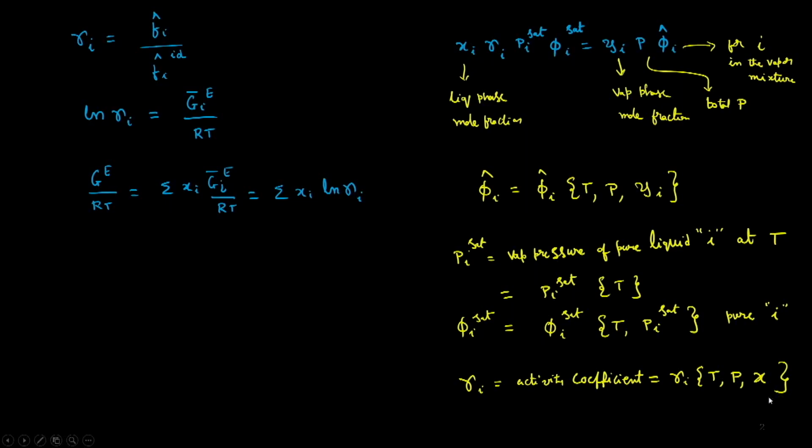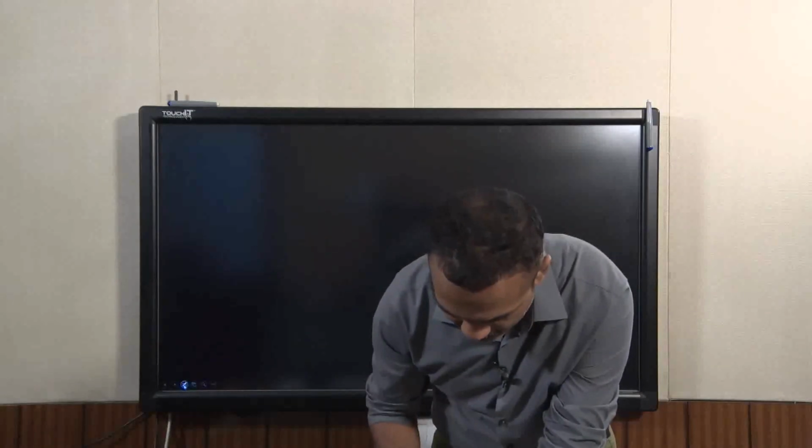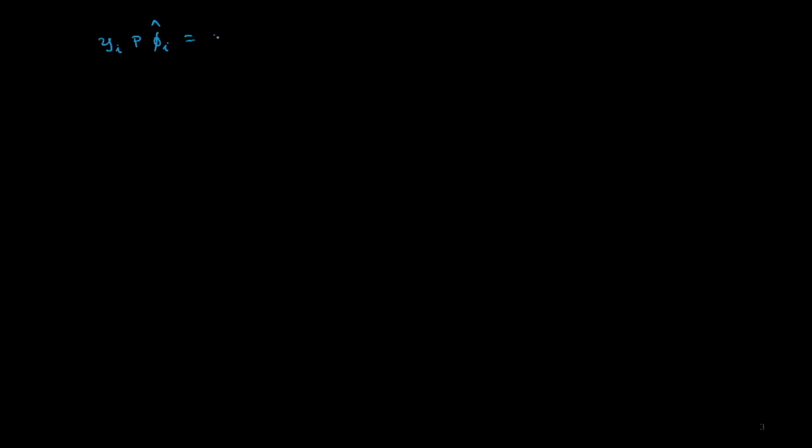Now, one can simplify this phase equilibrium relation by making certain assumptions. It turns out that if the vapor phase is ideal, well, let me write what we had in the previous slide: y_i P phi hat is x_i gamma_i P_i sat times phi at the saturation condition.